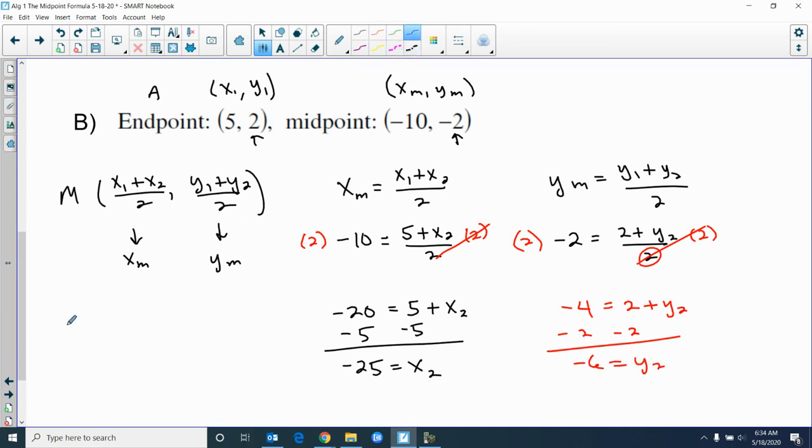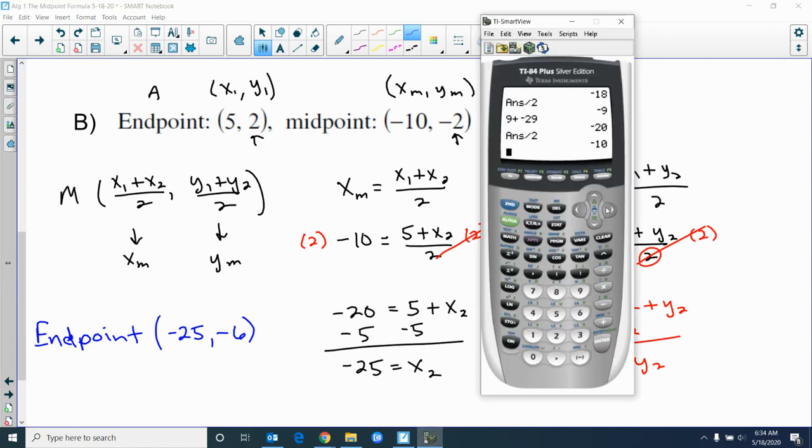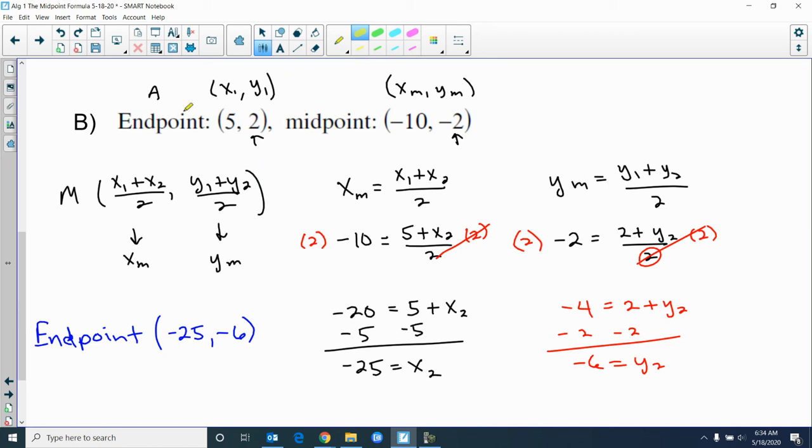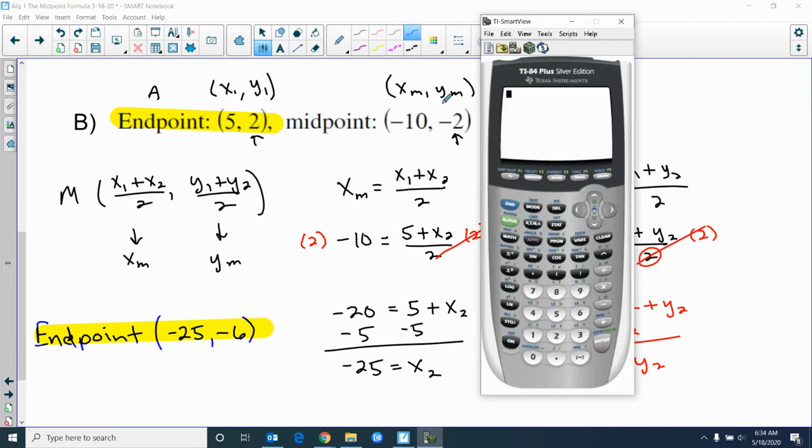So my other endpoint is negative 25, negative 6. And again, you can do a quick check by taking your endpoints and averaging them to see if they give the coordinates of the midpoint.